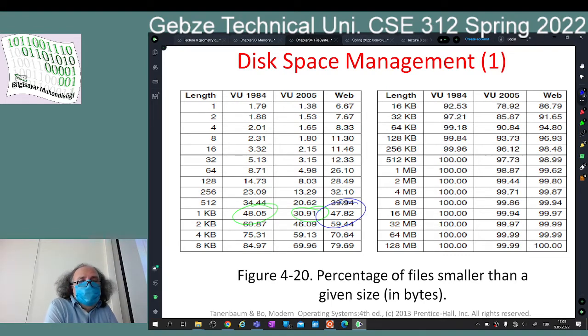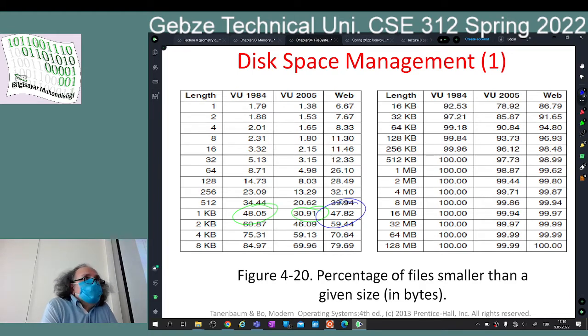Most of the time, my web server files are very, very small. Yes, files are getting larger as the days go by, because I keep using larger and larger files, the multimedia files, video files, picture files, etc. They are very, very large files.